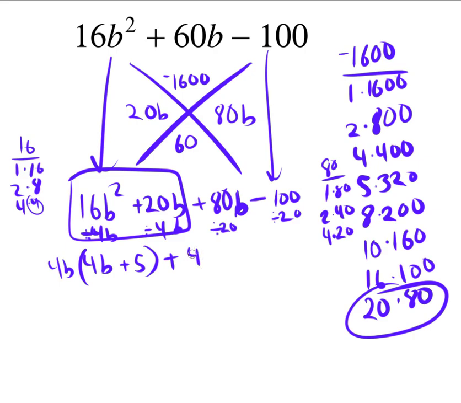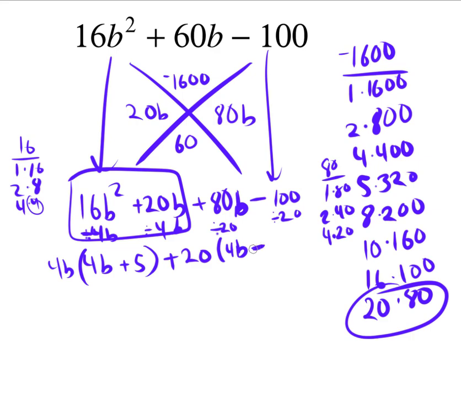I'm going to pull out my 20 now. 20 times 4b, 4b plus what's this? My brain just stopped. 4b plus minus 5. Sorry. Thank you.